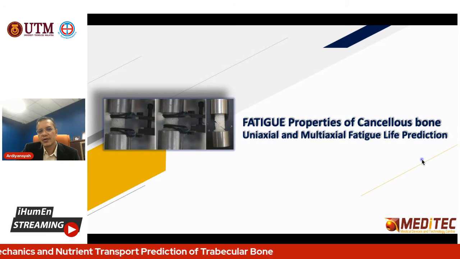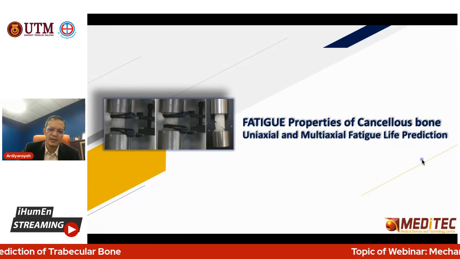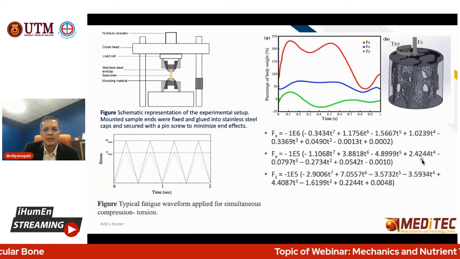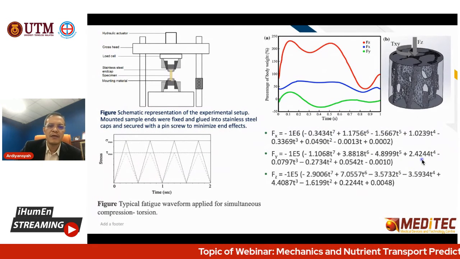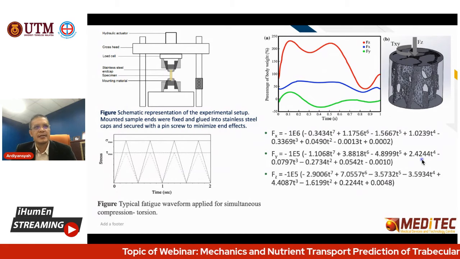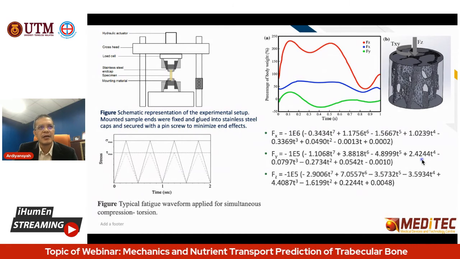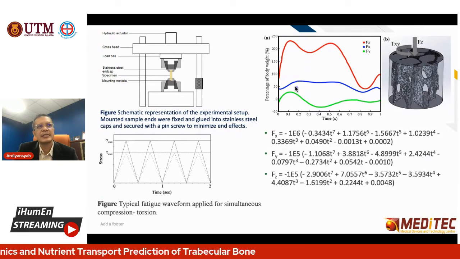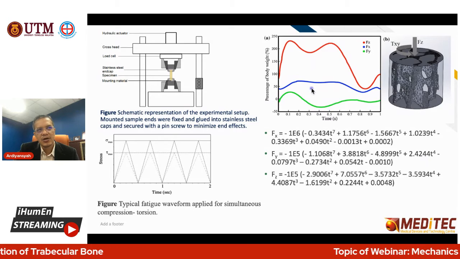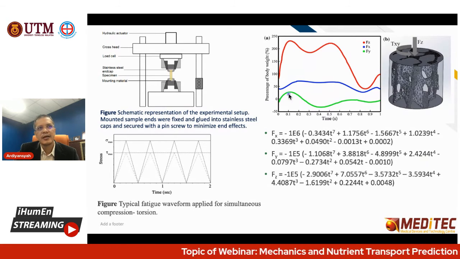This one I am looking at is the uniaxial and multi-axial fatigue life prediction. Okay, this one is for simulation. This is the model of how we can simulate. Actually, this one is the percentage body weight of the gait motion.